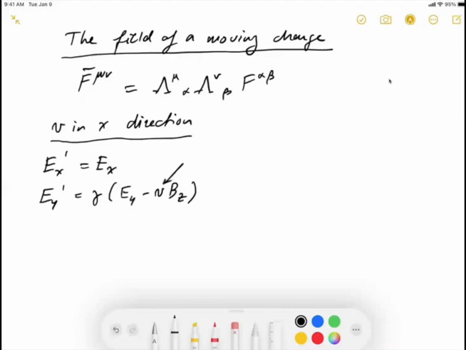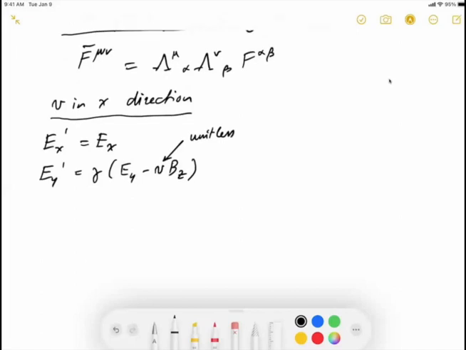This one is unitless because v is normalized by c, so the units are fine. So Ez prime is gamma, the original Ez, minus v By. Okay, so that's the electric field.